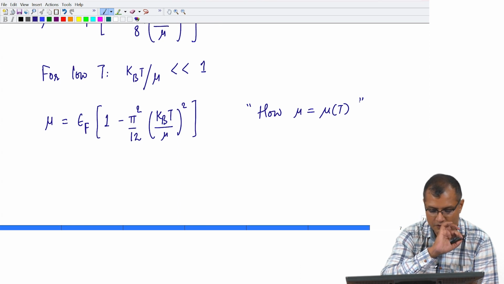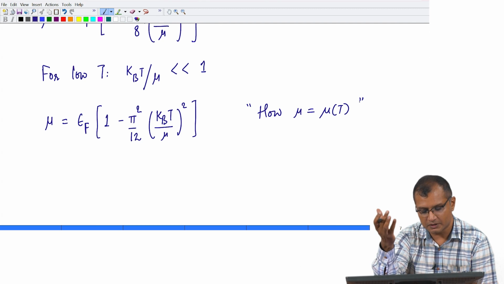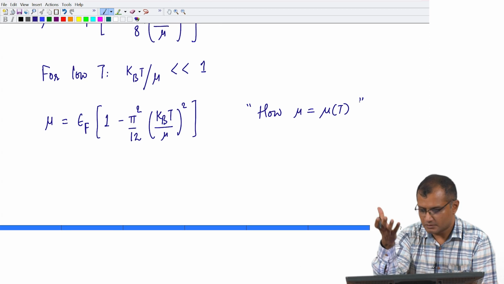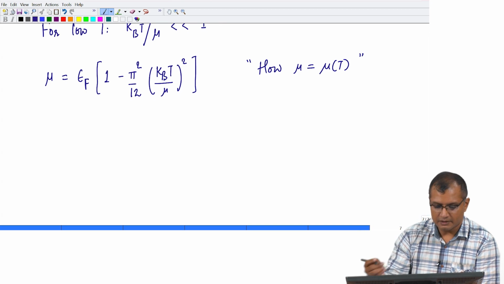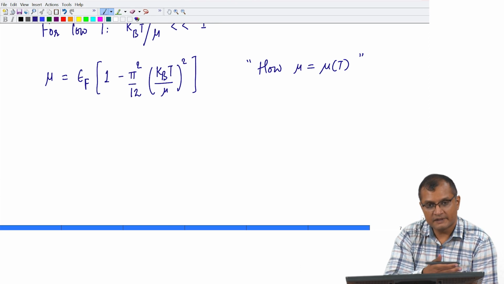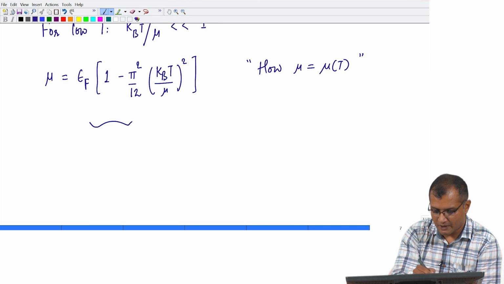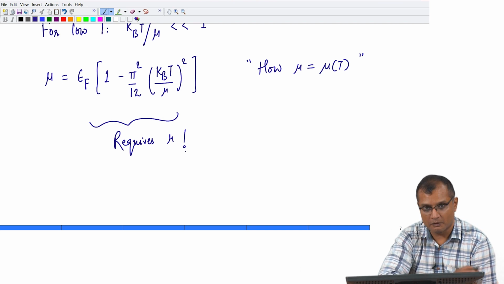Okay. So, for that to be valid, you can see that my equation requires the left hand side and the right hand side to be computed. So how do I circumvent this problem?